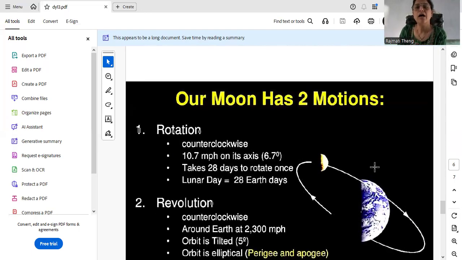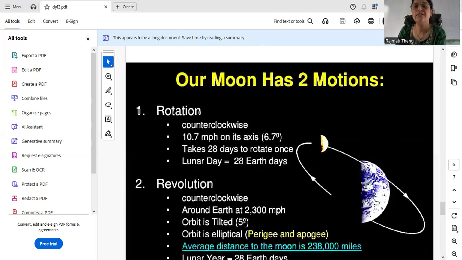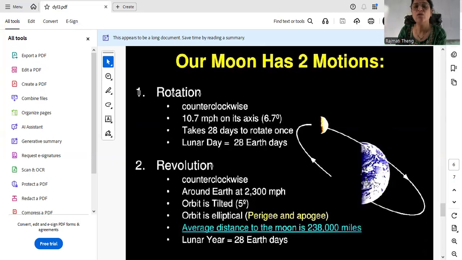So the moon has two motions: rotation, moving on its own axis, which takes 28 earth days for a rotation, and the second type of motion, the revolution.